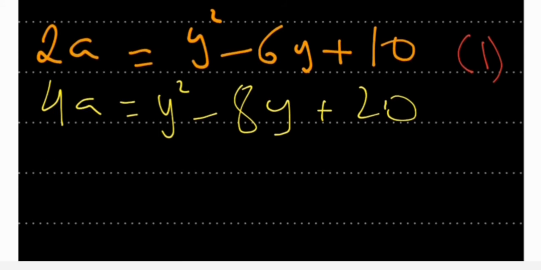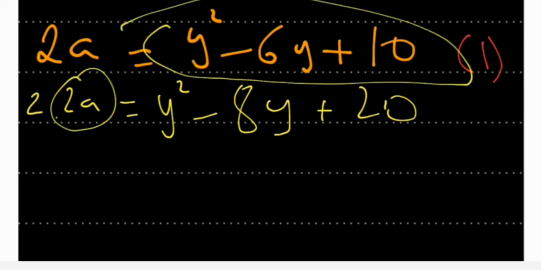So by solving this, you will have that. Now look, in this part over here, for this a, I'm going to call it 2 multiplied by 2a, which is 4a, okay, didn't change anything. But this 2a is equal to this, right?